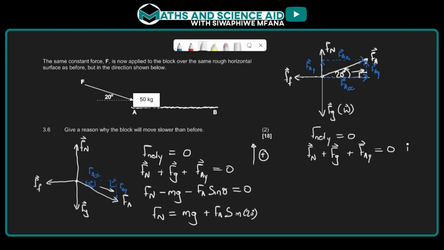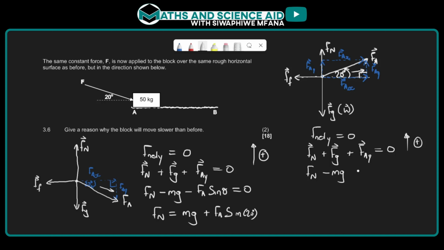And here we also took upwards as the positive direction, and so Fn is going to be positive because it is upwards. Fg is going to be negative, and we can represent it with mg.